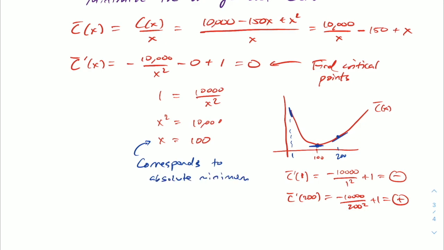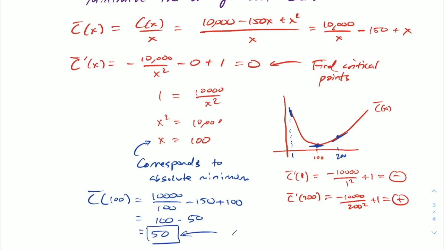And that minimum is C bar of 100, which is 10,000 over 100 minus 150 plus 100, which is 100 minus 50, which is 50. So this is our minimum average cost.